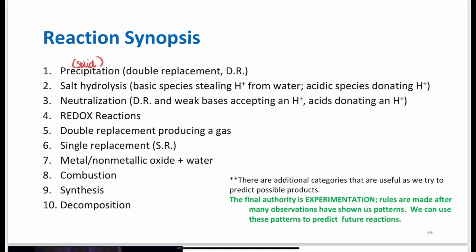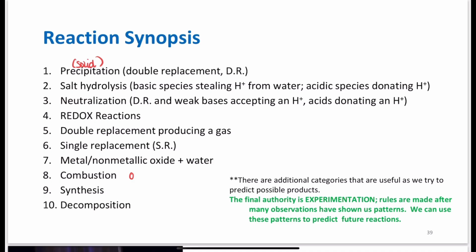We have single replacement reactions, or SR. We're going to look at metals reacting with water and nonmetals, metal oxides, I apologize, metal oxides reacting with water and nonmetal oxides reacting with water, and what they're going to form. One will form an acid, one will form a base. We're going to spend some more time on combustion. We've already learned combustion.